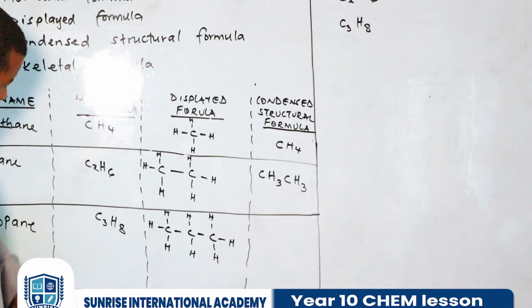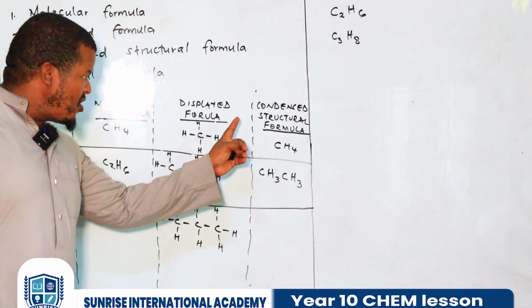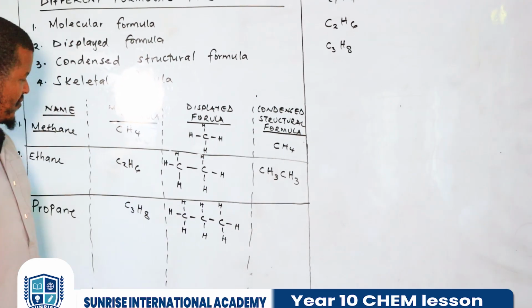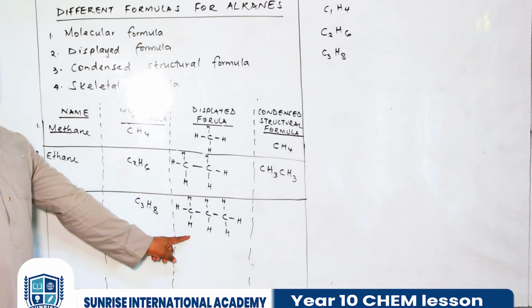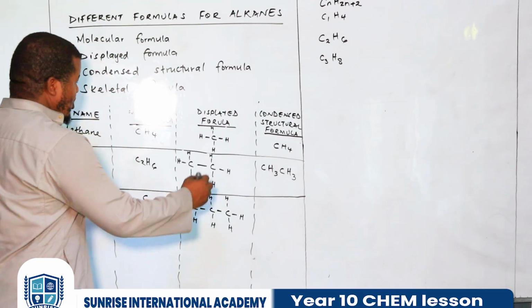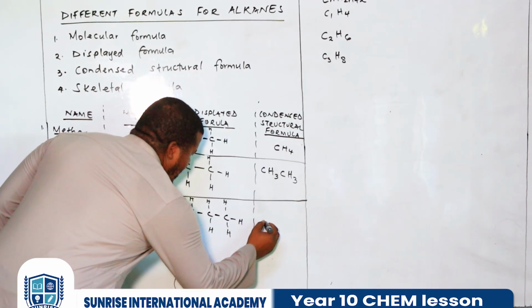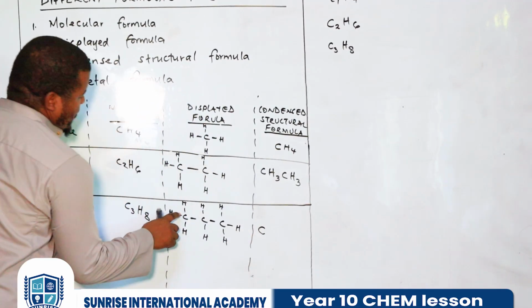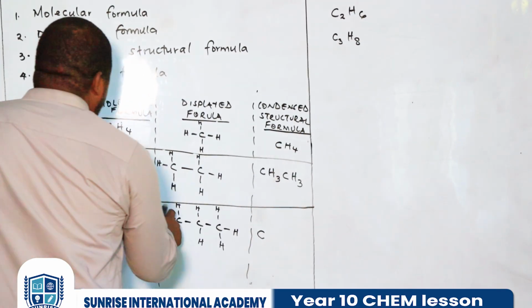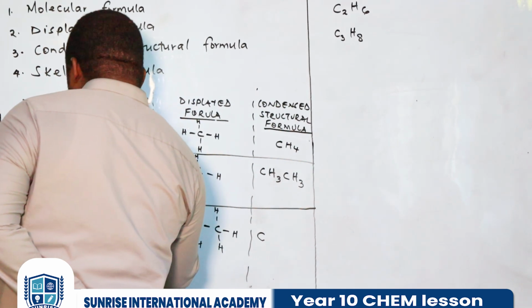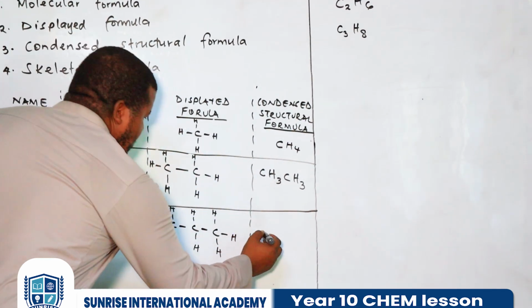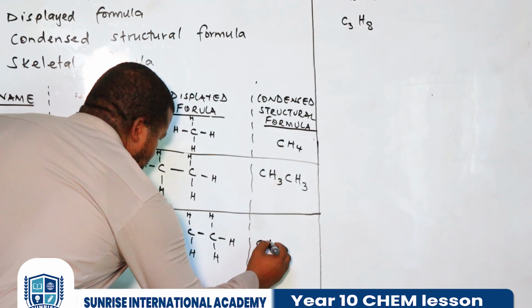Now, how do we write the condensed structural formula from the displayed formula? The drill is the same here. Look at the first carbon atom. This first carbon atom has got 3 bonds with it, so this is CH3.